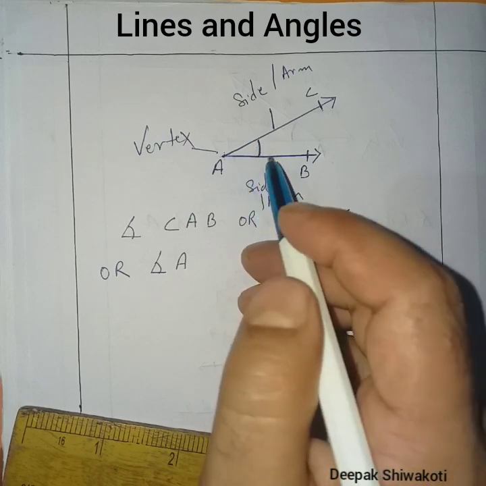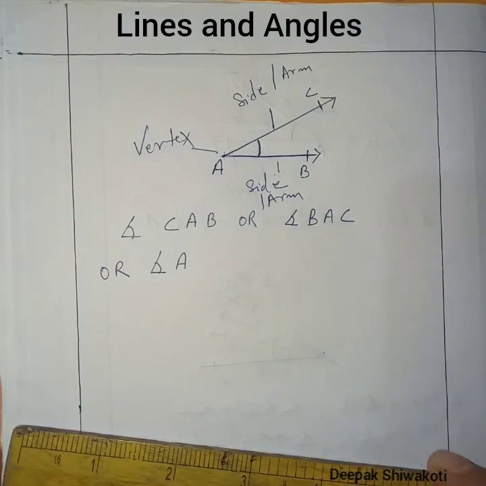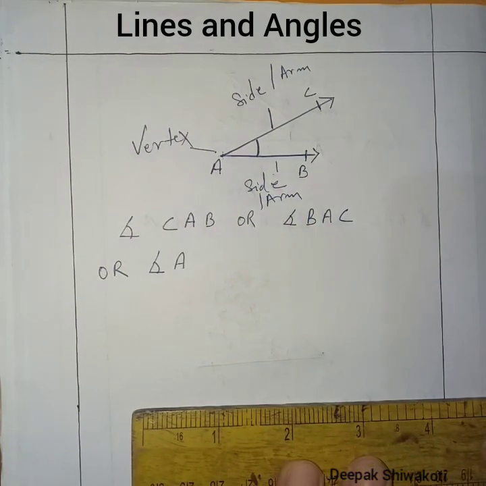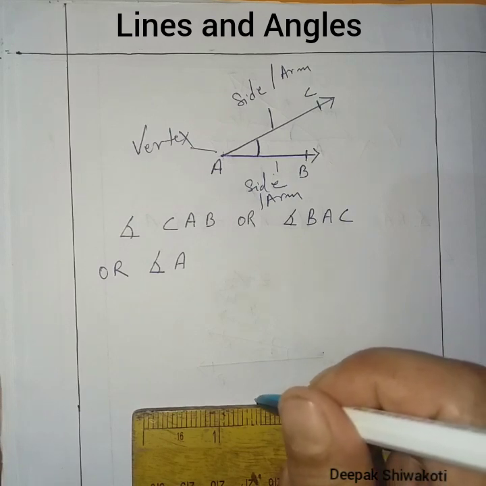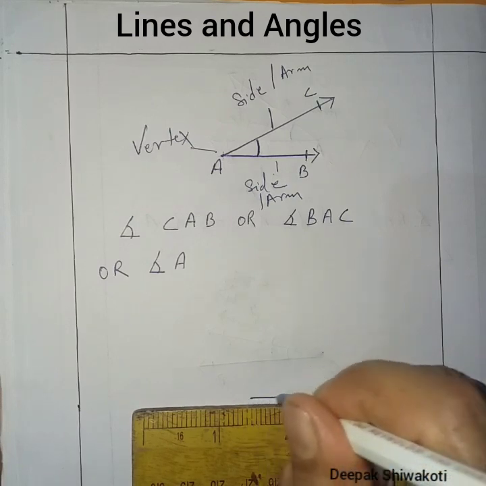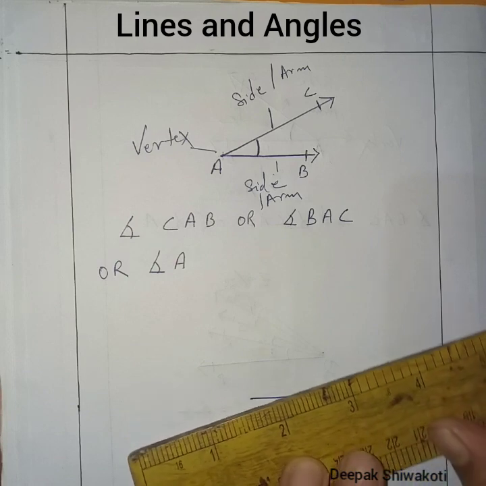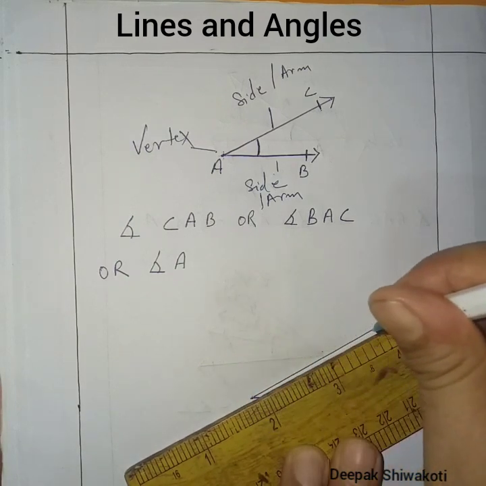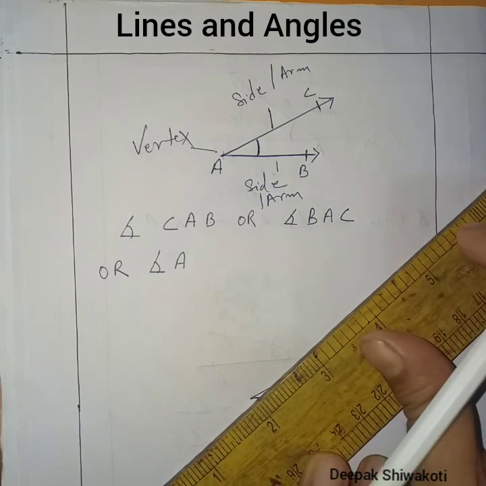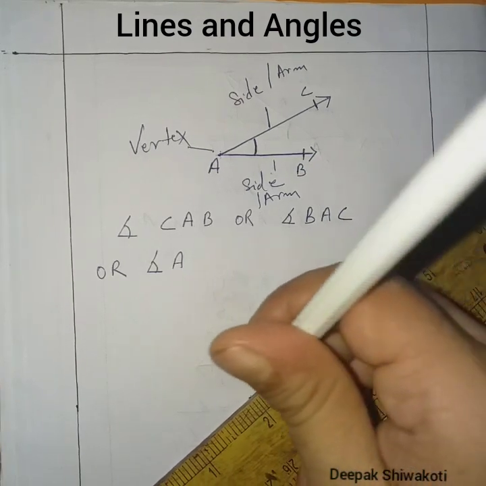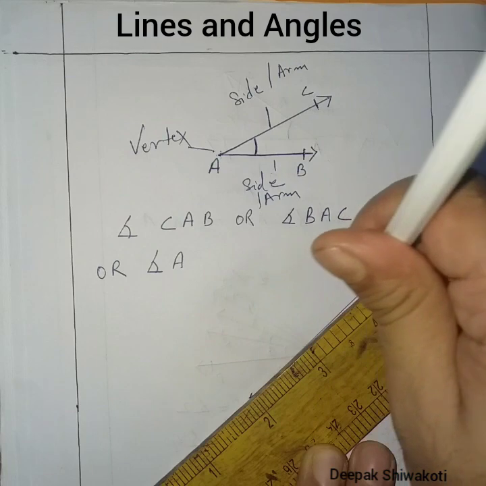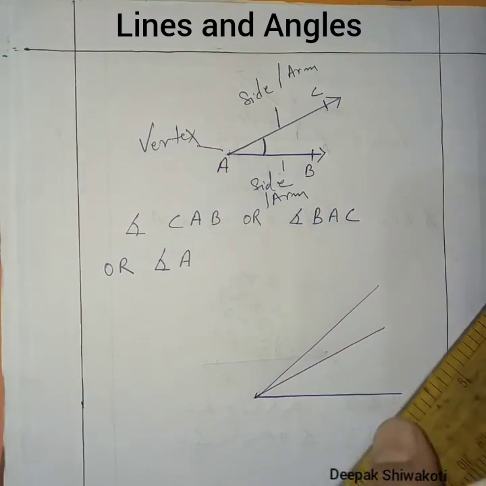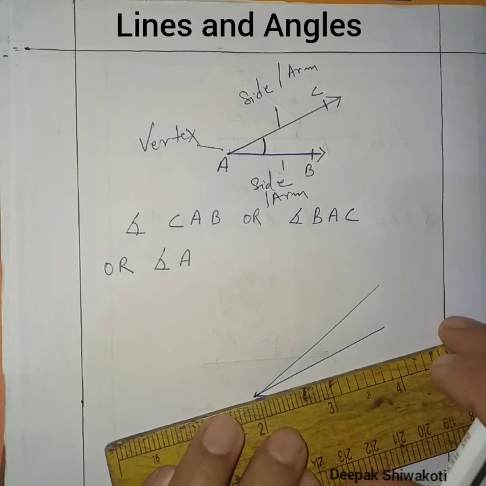Okay, now if we see multiple angles starting from the same common initial point, I mean multiple rays coming out from the same initial common point, then how to name the angles? So here one more I will make.